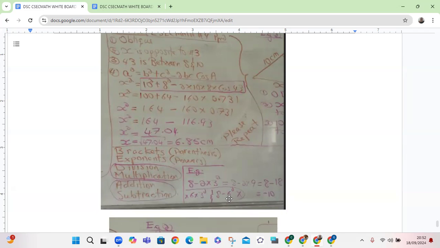So this is also wrong. The correct thing to do is to square 3, exponentiation, 3 3s are 9. Then you can multiply 2 by 9 to give you 18, and then you can subtract 8 minus 18 to give you negative 10. But back to the original problem, x is equal to the square root of 47.04, x is equal to 6.85.